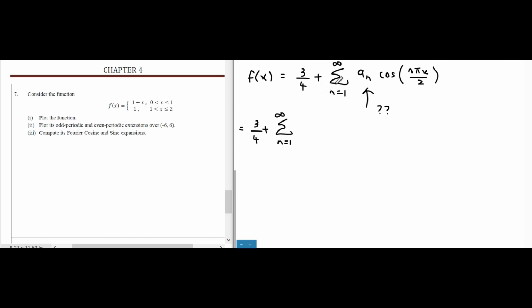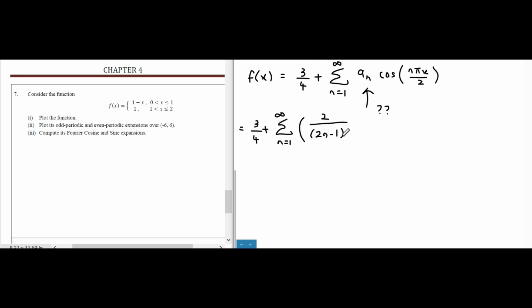In the first table, when n is even, we see that we get a set of values in this pattern, 2 over 2n minus 1.